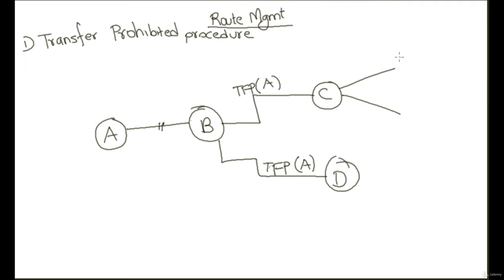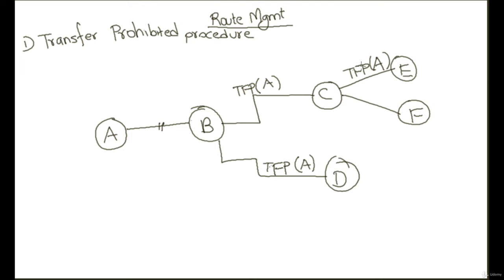It can further transfer the message to E, to F. The same message will be transferred, stating that now A is not accessible via this node. So this will have a cascading effect. It will just go on in the network till there is a point where it is not transferred.